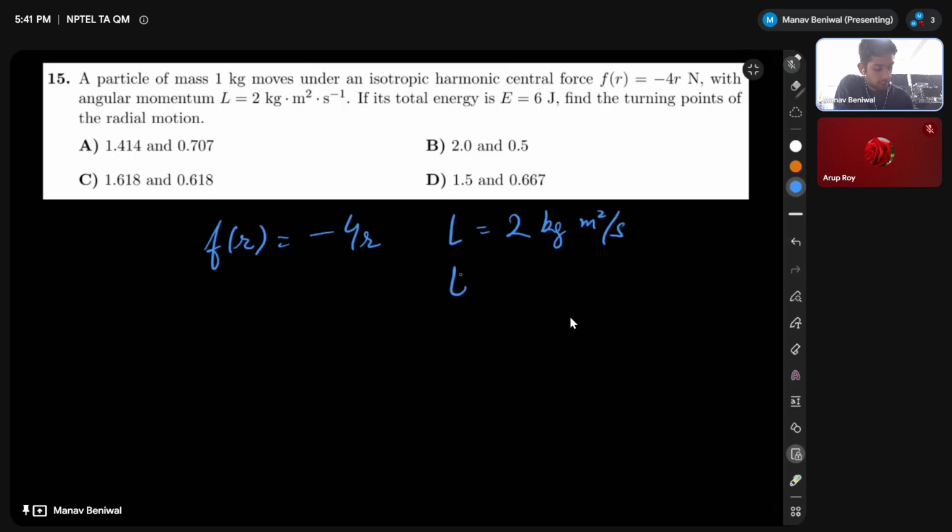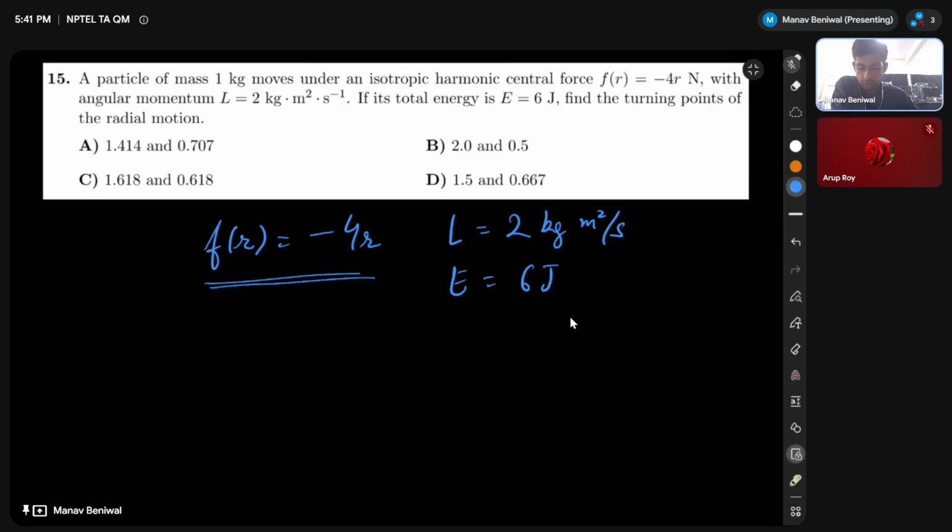Also, we are given that the total energy E is 6 joules, and we have to find out the turning points of the radial motion. Clearly, when we look at the form of this force, we see that it is proportional to minus r, which means that it is a simple harmonic oscillator.